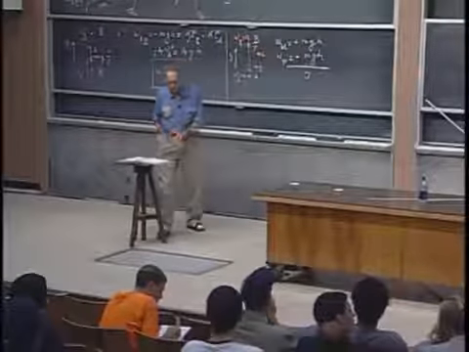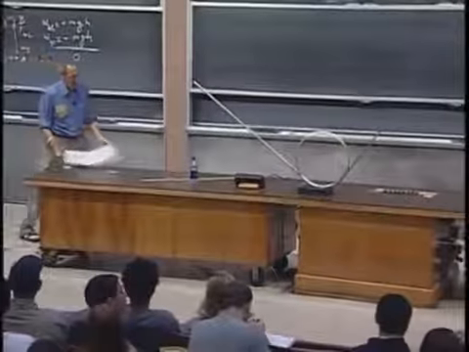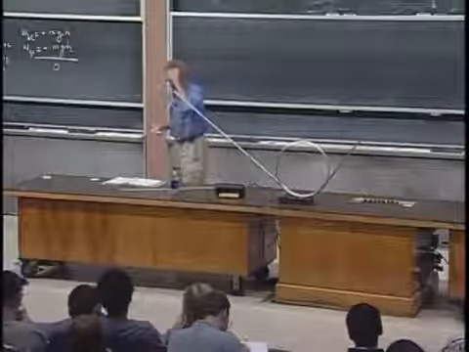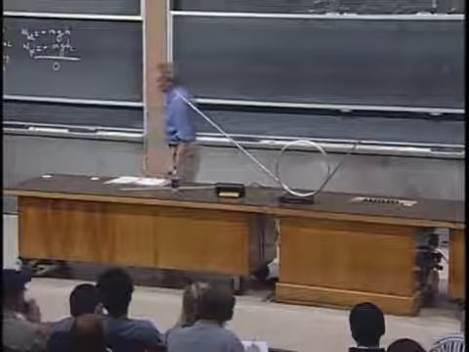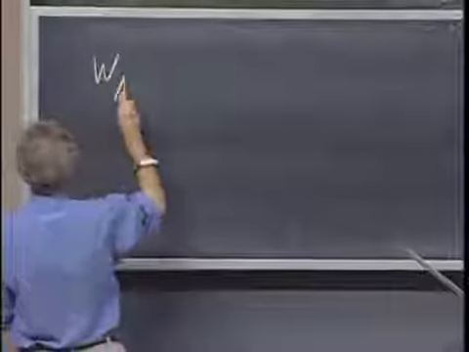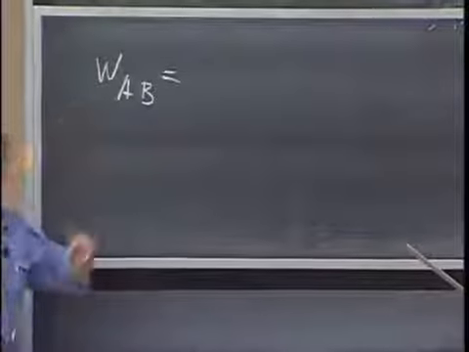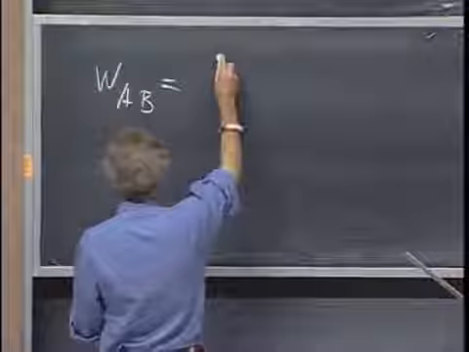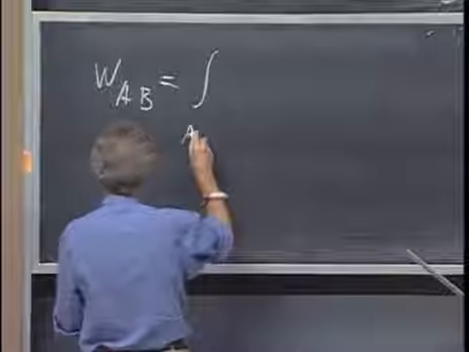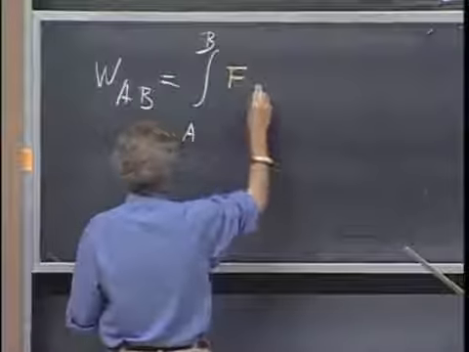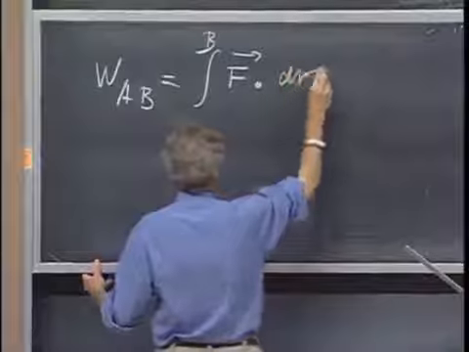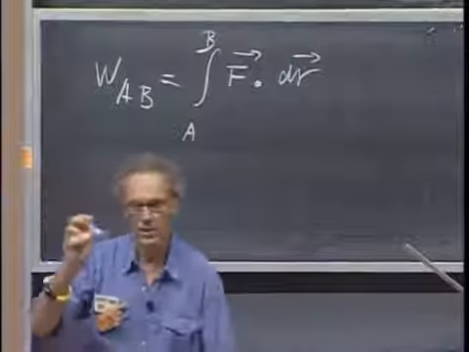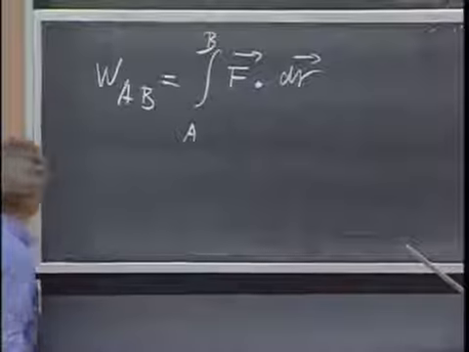Now let's go from 1 dimension to 3 dimensions. It is not very much difference, as you will see. I go in 3 dimensions from point A to point B, and I now have a force which could be pointing not just along the x direction, but in general in all directions. Now the work that the force is doing in going from A to B is F dot dr. R is the position in 3-dimensional space where the force is at that moment, and dr is a small displacement.